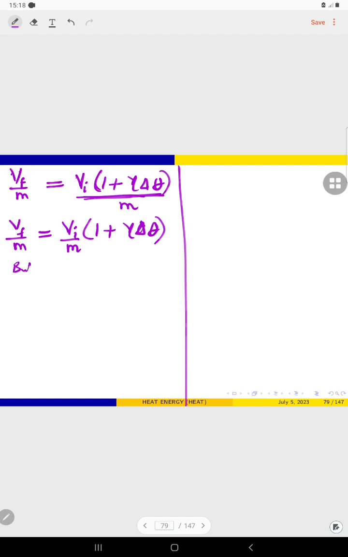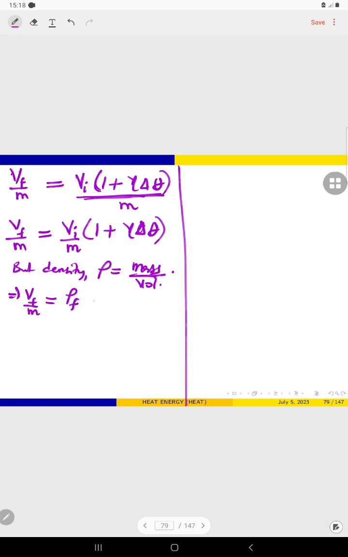But we know that density rho is given by what? Mass over volume, right? Do you know this formula already? Okay, so then can we say that Vf over m will give us the final density?